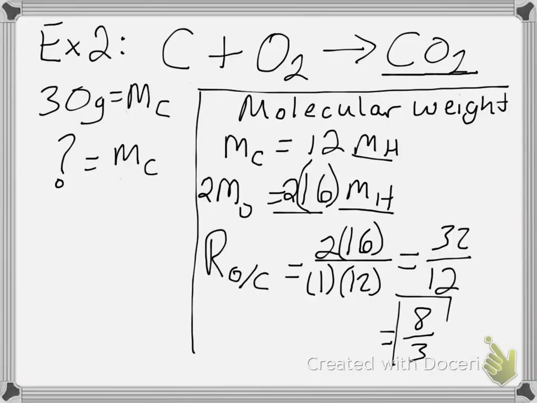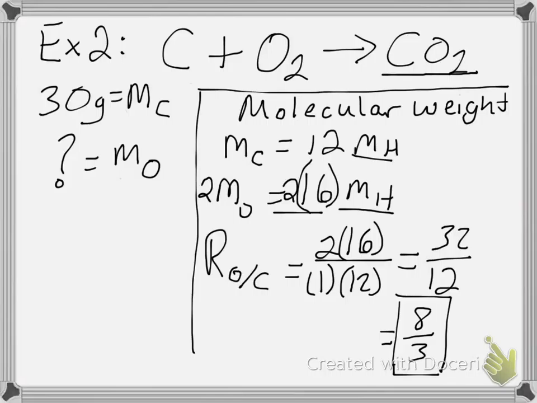What that means is that for every 3 grams of carbon, I need 8 grams of oxygen for this particular reaction to occur. Okay, so if I have 3 grams of carbon, I need 8 grams of oxygen. And so, if I look at my oxygen over here, that should have been M sub O. Let me erase that.